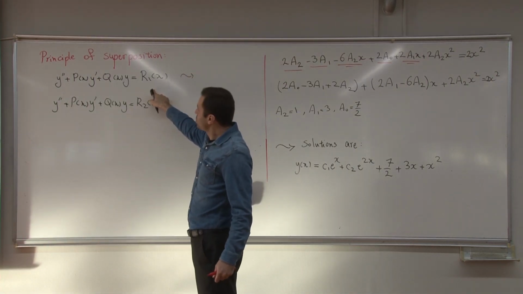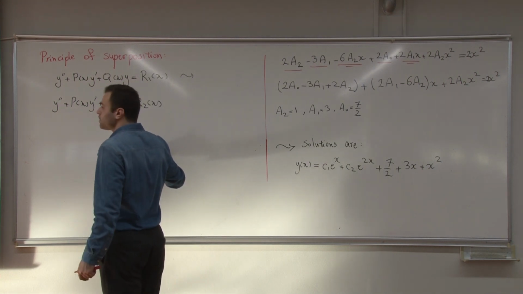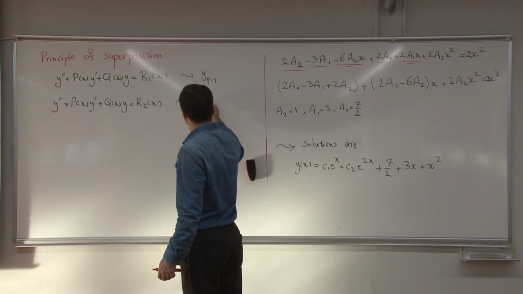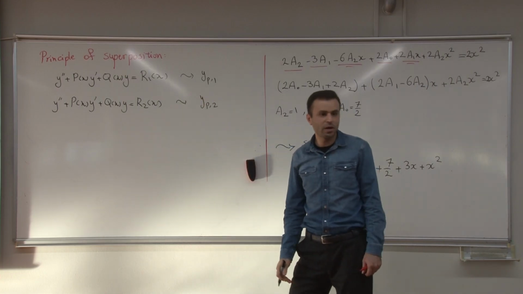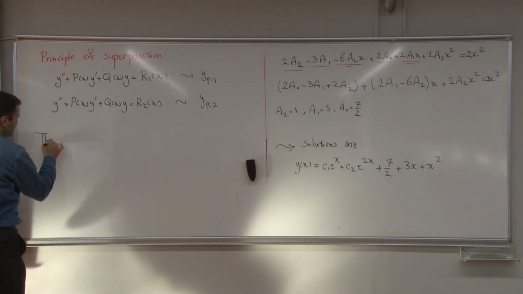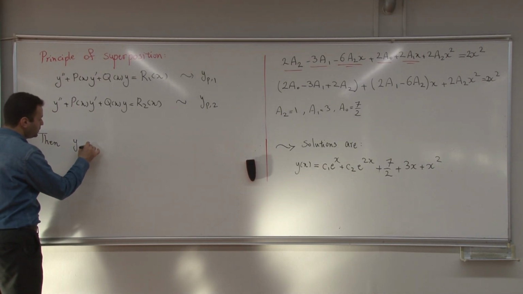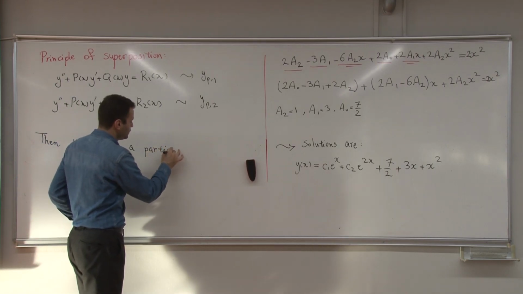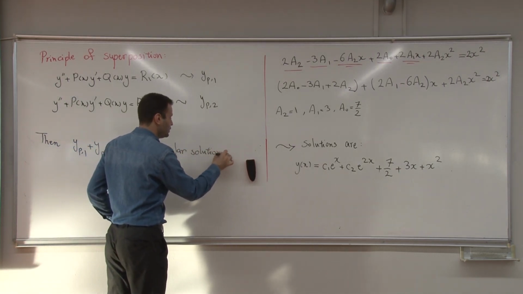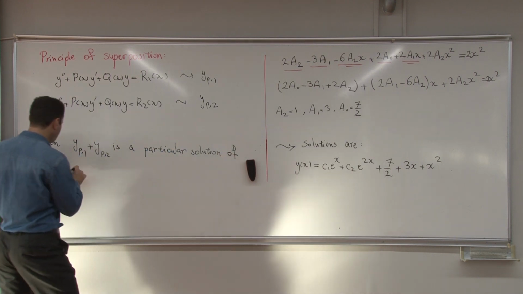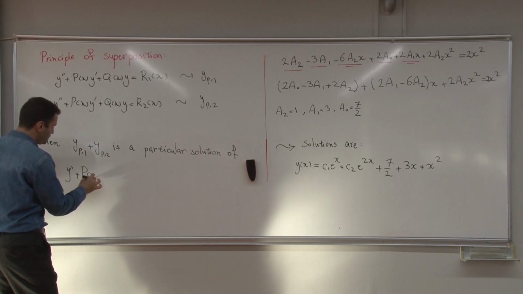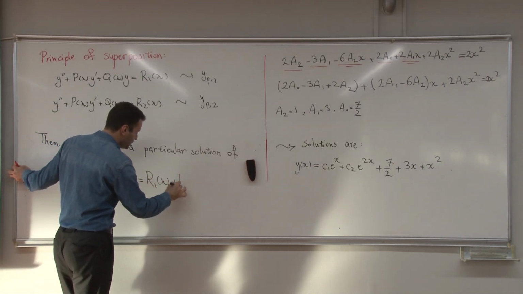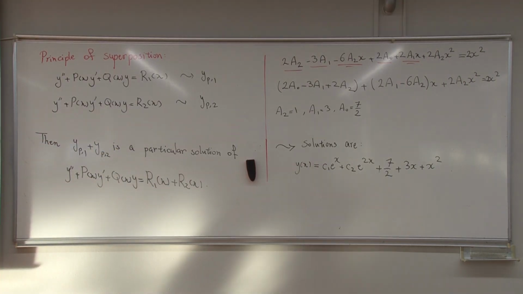If I had a particular solution for this equation, which I call yp1, and if I have a particular solution for this equation, which I call yp2, then yp1 plus yp2 is a particular solution of y double prime plus px y prime plus qx y equal to r1x plus r2x.